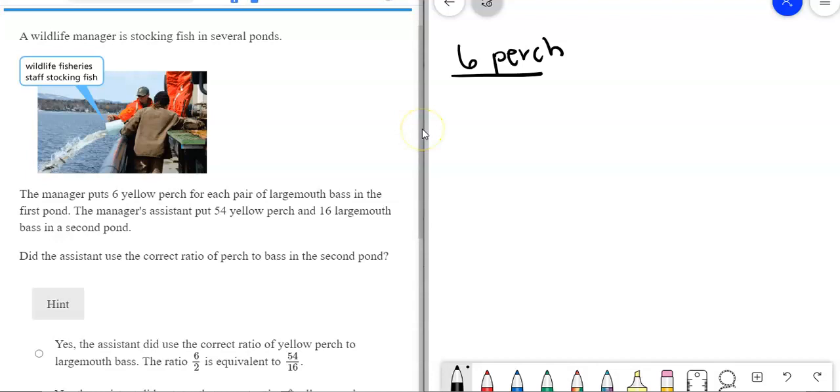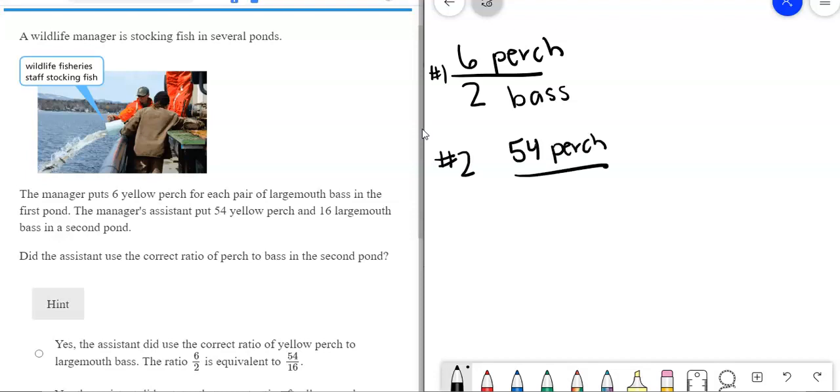So pair means 2, and I'm just going to write bass. So this is pond 1. Pond number 2, we have 54 perch over 16 bass.